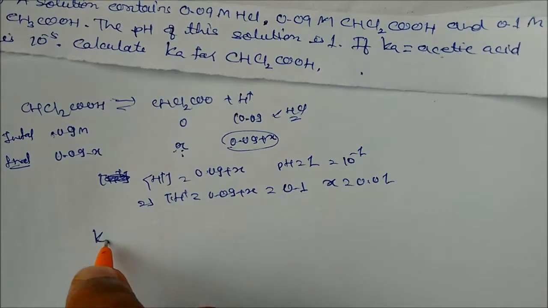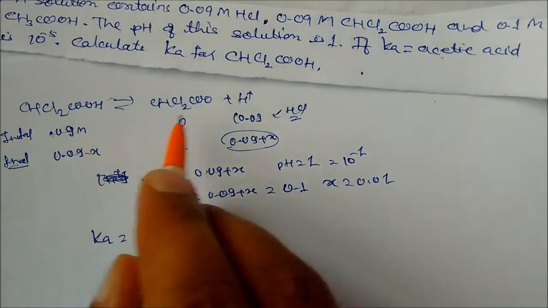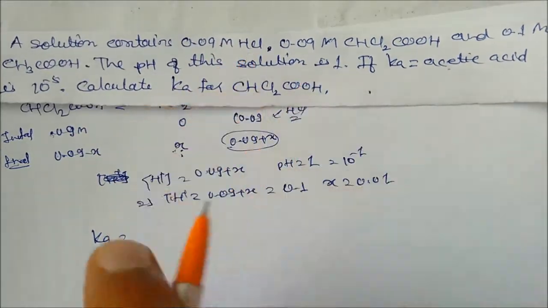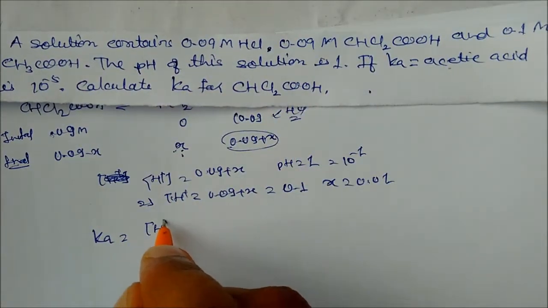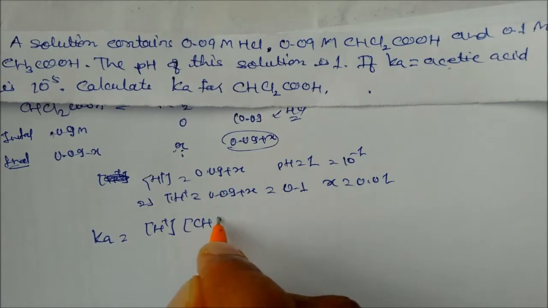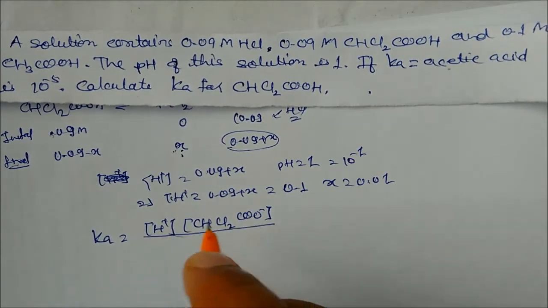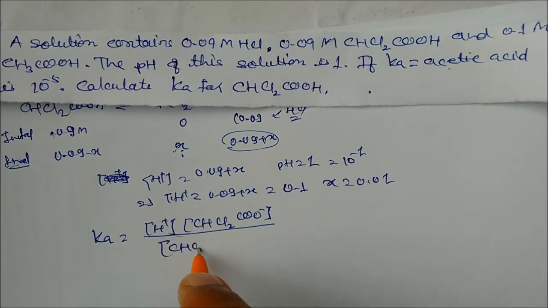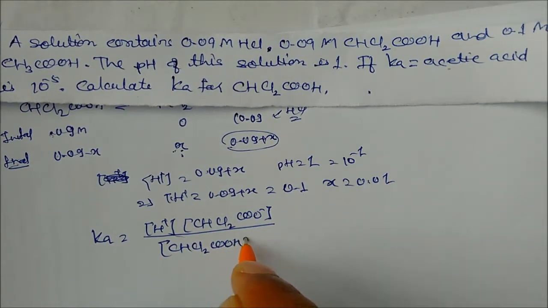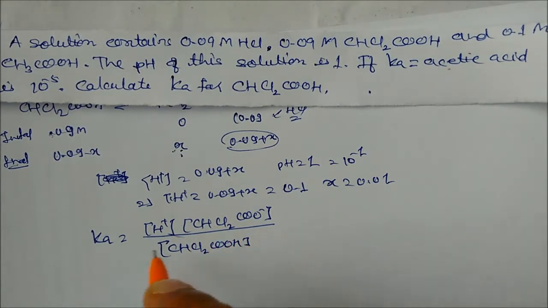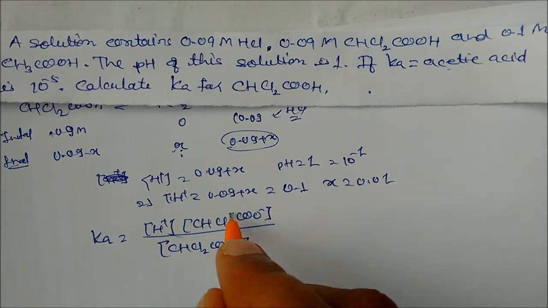Now we can find the value of Ka of this acid. So K is equal to how much? This will be H plus, CHCl2COO minus, divided by CHCl2COOH acid, and we need to find the K of this acid. We know the concentration of this acid.